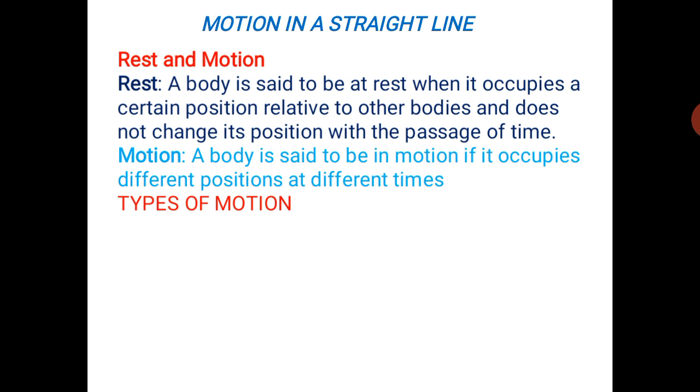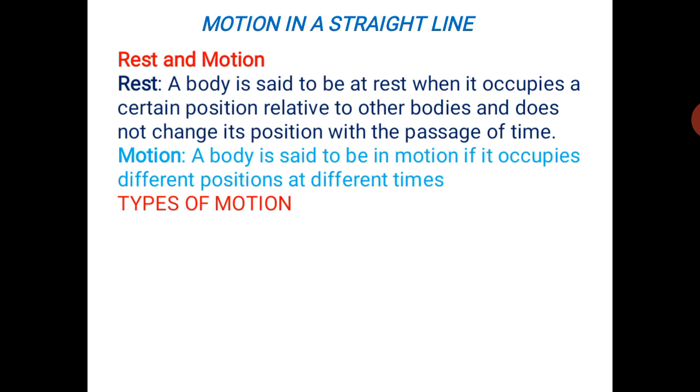So, if the position of the body changes with respect to its surroundings, then we can say that object is moving or changing its position, or simply we can say it is motion. Is it clear? So simply motion means the body changes its position continuously with the passage of time.